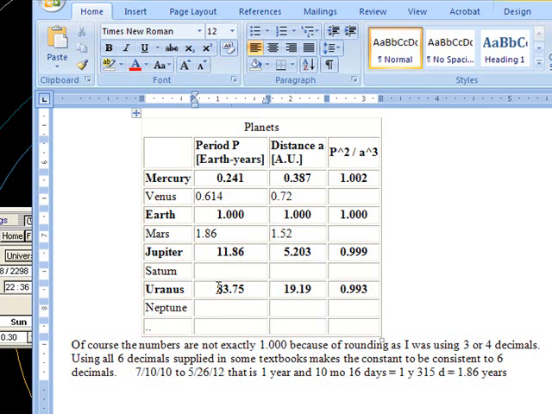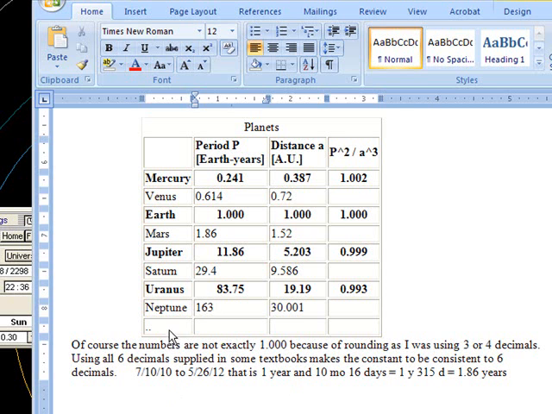And for Saturn, I had a distance of 9.586 AU, and for Neptune that was a distance of 30.001 AU, and then for Saturn between November 43 and April 73, so really close to 30 years, 29 years and 5 months. 5 divided by 12 is about 0.4, so let's make it 29.4 years. And for Neptune between 2135 and 2298, so 163 years.